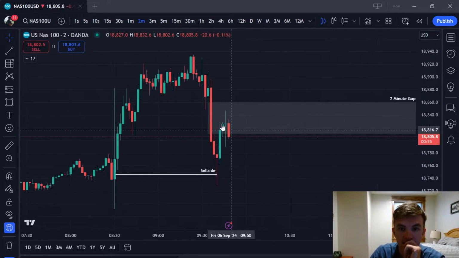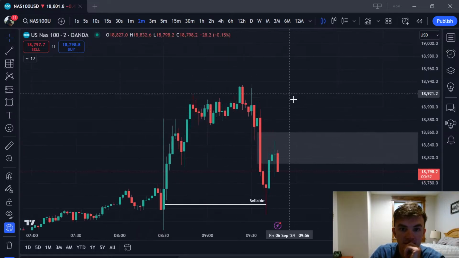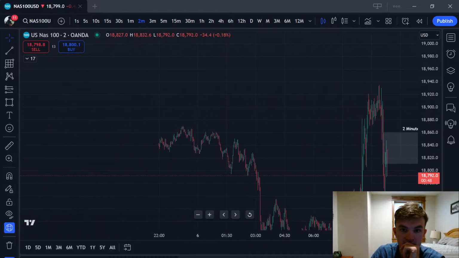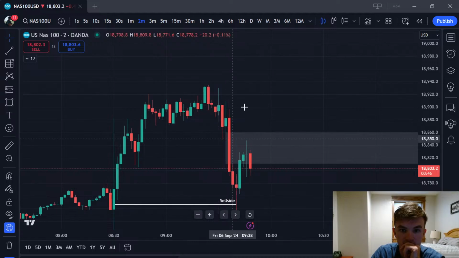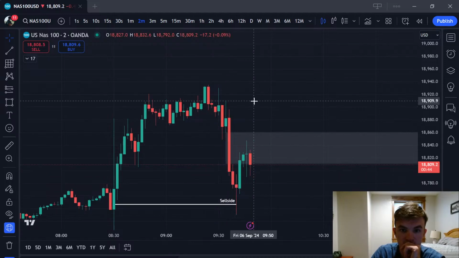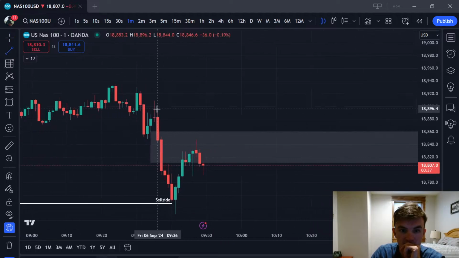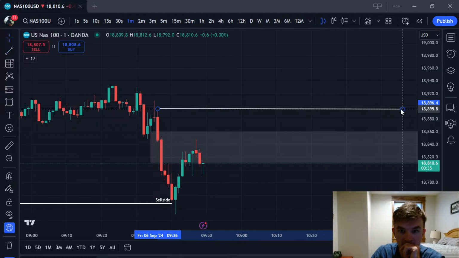And if this can inverse, then we'll enter and, let's see. So this will be TP1, stop loss to break even.